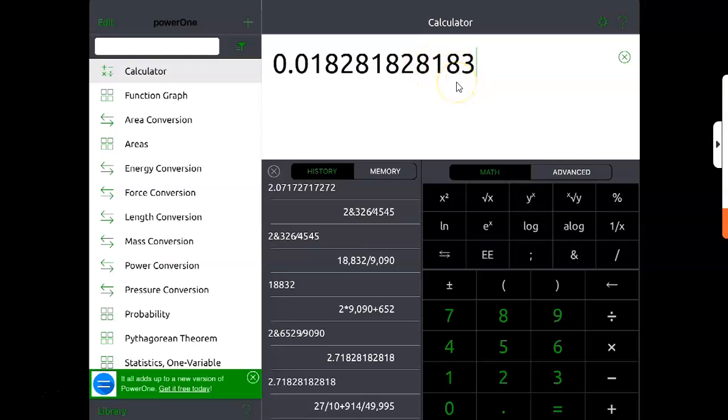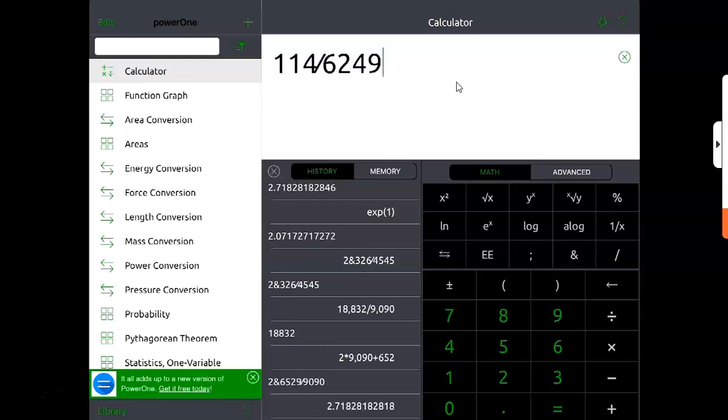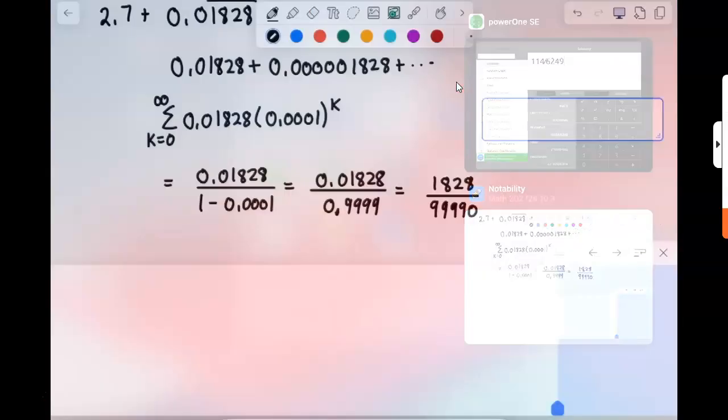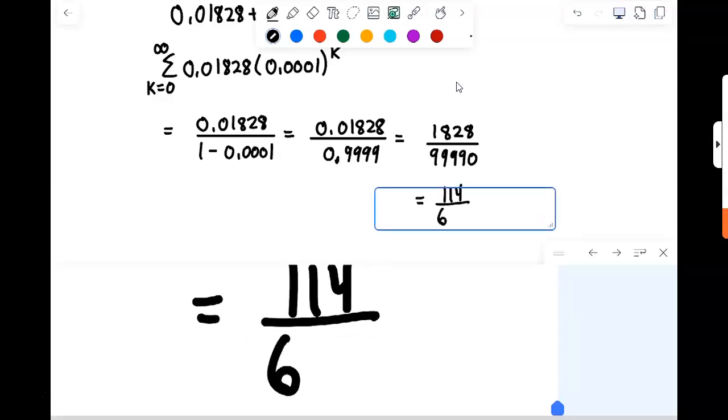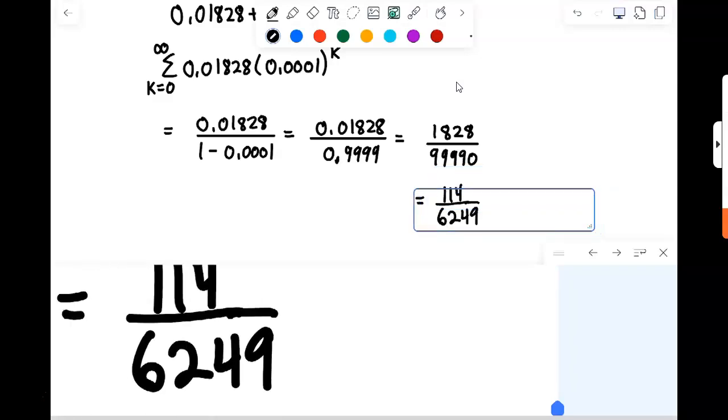What's that as a fraction? The fraction is actually 114 over 6249. So it does reduce there to 114 over 6249.